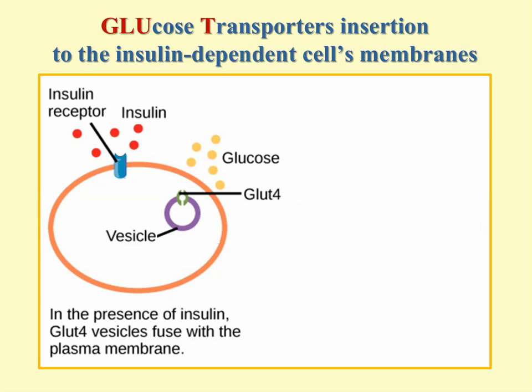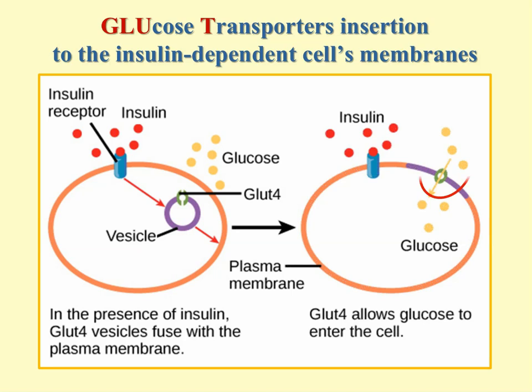So there is no transport of glucose from outside to cells because glucose transporters are internalized within vesicles located inside the cell. And when insulin appears and binds to its receptors, it results in events inside the cell that bring the vesicles into the membrane, and transporters, GLUT4, become inserted into the membrane. And now you can see that transporters start to move glucose from blood, from extracellular fluid, into cells.